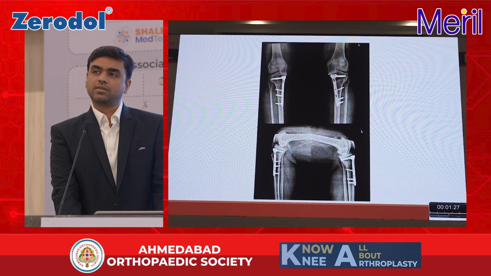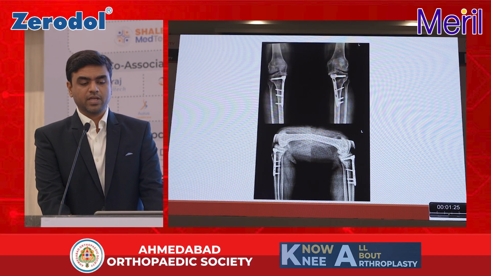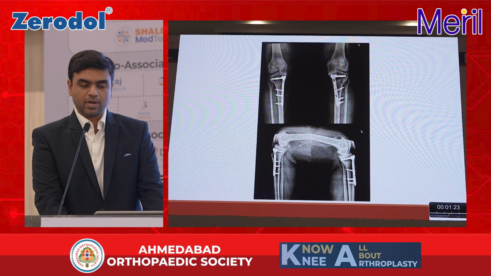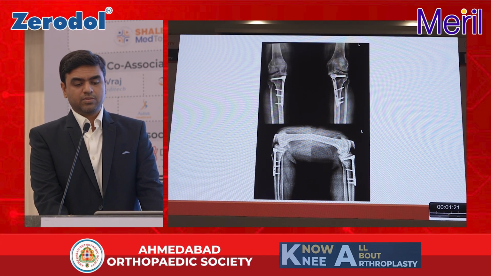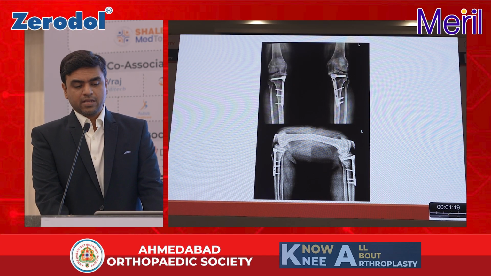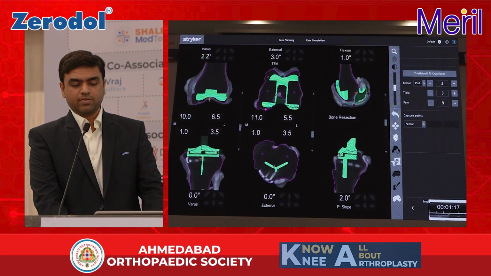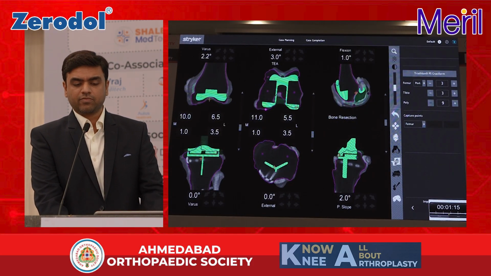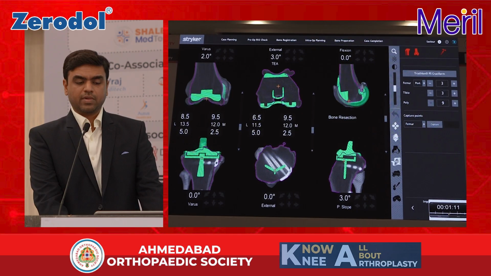This is a case with bilateral high tibial osteotomy, progressed to arthritis. And now the patient wanted a total knee. So in this case, again, we could identify the hardware from the anteromedial side. A couple of screws were removed.